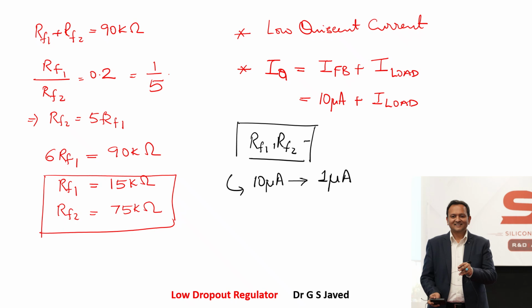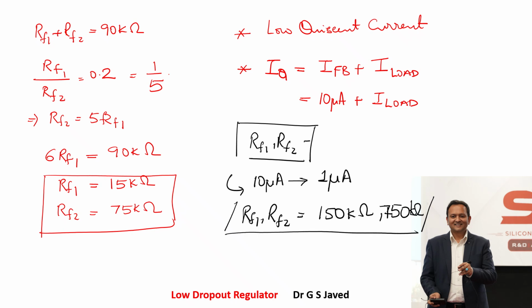In such a case, you can increase the resistances, and Rf1 and Rf2 will typically be 150 kilo ohm and 750 kilo ohm. Now this again depends upon the area available, because since these resistors are large, they also occupy a larger area, right? So this is the intuition behind getting the right kind of feedback resistances in your circuit.